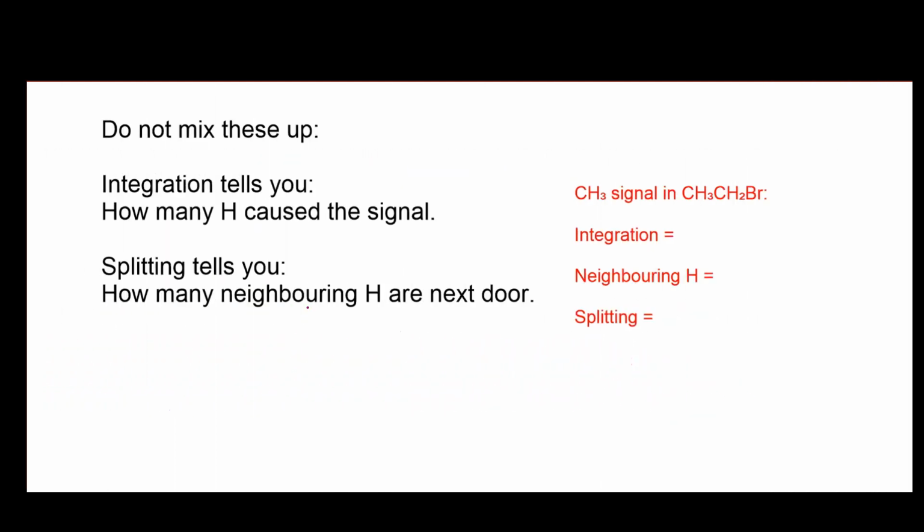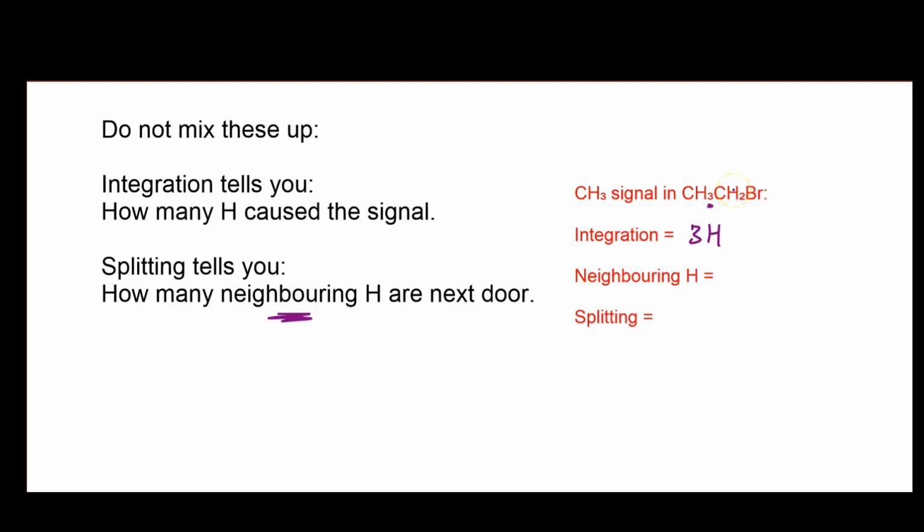Integration and splitting are different. Integration tells us how many hydrogens cause the signal. Splitting tells us how many neighboring hydrogens are next door. For our CH3 signal in CH₃CH₂Br, the integration equals 3 hydrogens because we have 3 hydrogens in the same chemical environment.